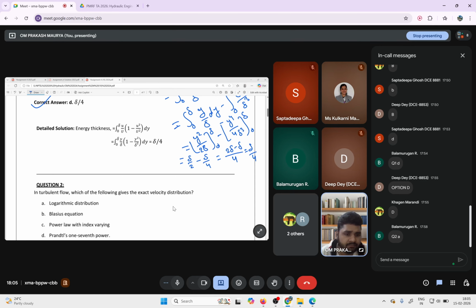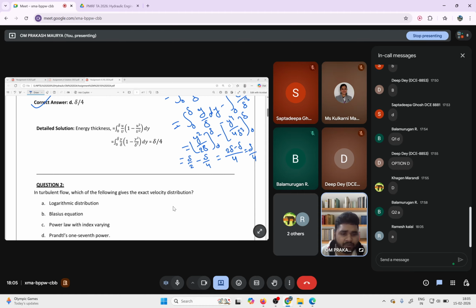Other student, please also try to write your answer. I am waiting. Other student, please just think on that. If you do not know, you just try to Google and try to find out the correct one. Okay, Ramesh is telling option A. That is fine. Okay, two students are telling option A. Good.